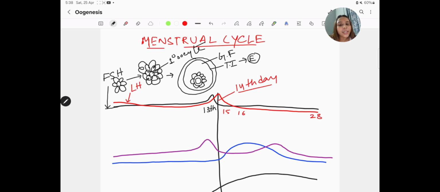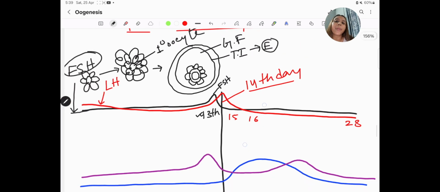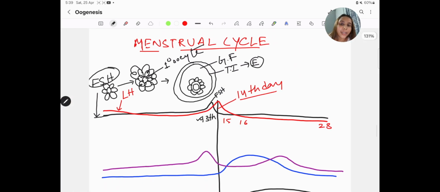So on the onset of the 13th day, we get a peak of FSH hormone. This is the FSH peak, because the follicle development is completed and the Graafian follicle is totally matured. Now it is time for the second degree oocyte to come out and leave the Graafian follicle.